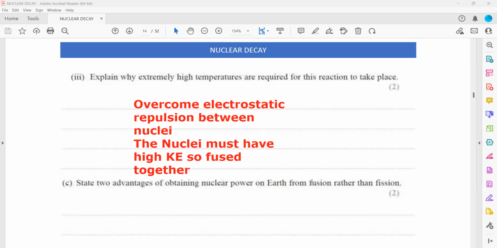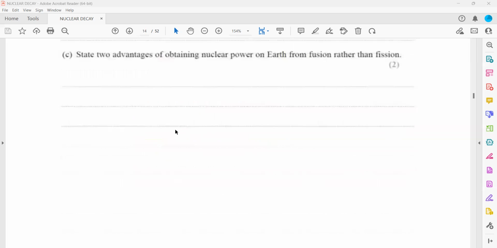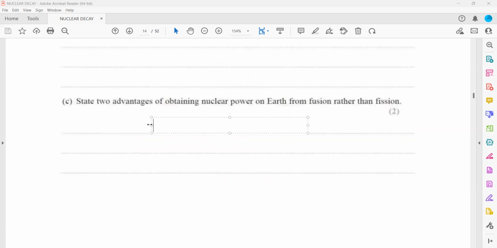Mainly, the fission products are radioactive, but fusion does not produce radioactive waste.